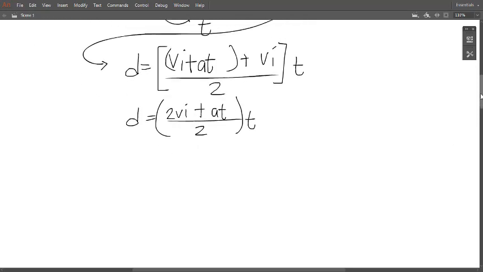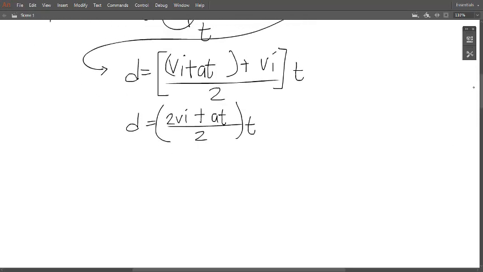Of course, we'll be distributing t and we'll have another equation which is more simplified. Distributing t, we'll be combining this, multiplying this one, as we eliminate the parentheses.